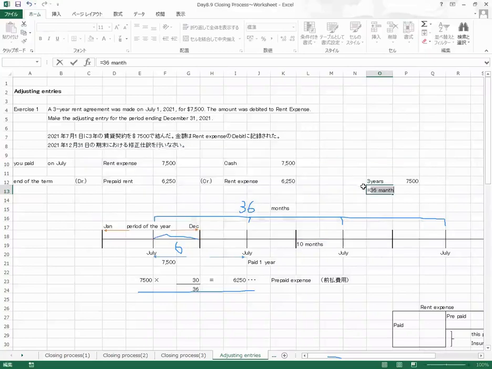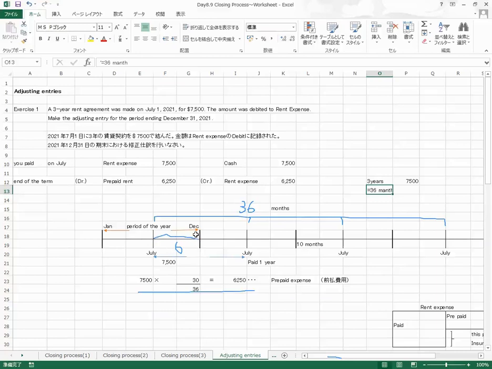Of the 36 months, only 6 months belong to this term.